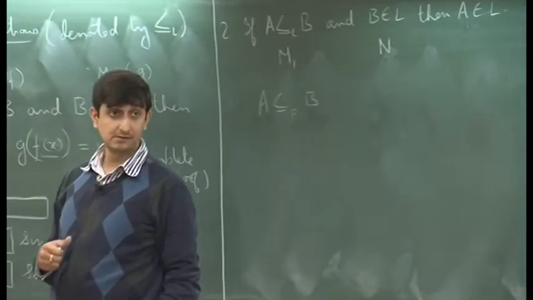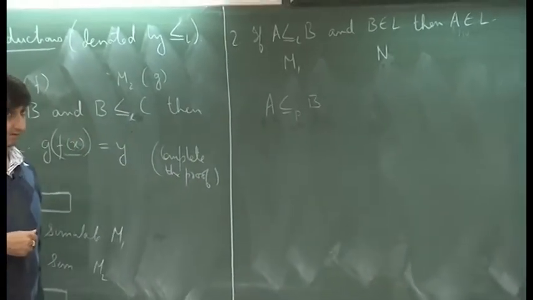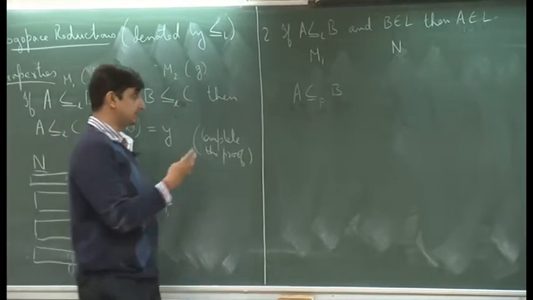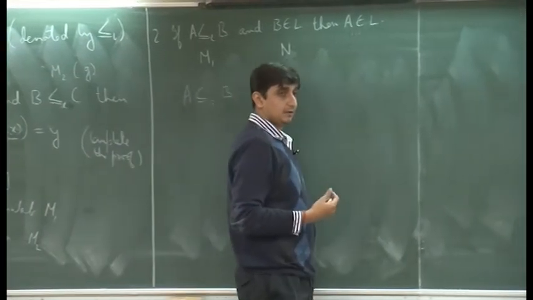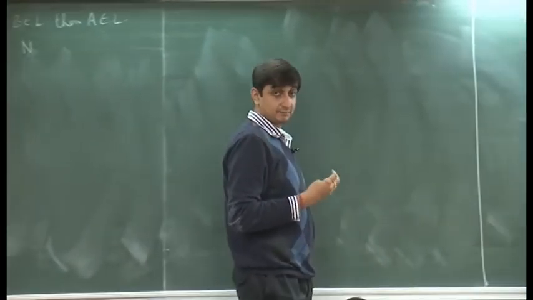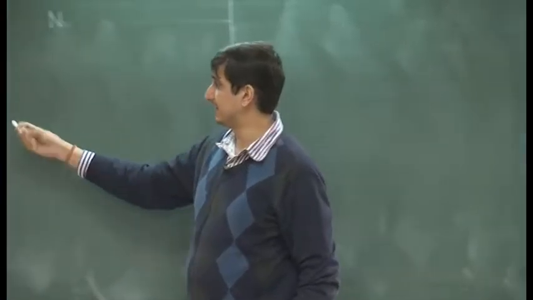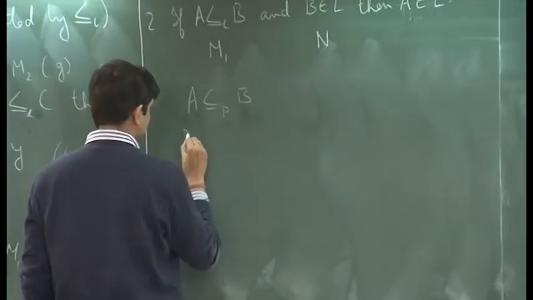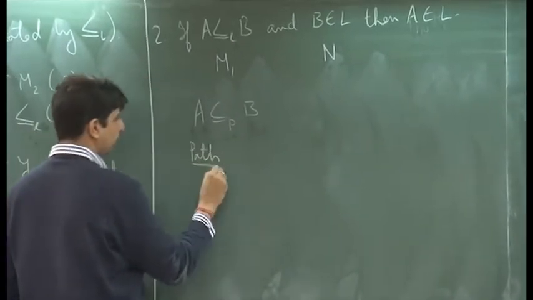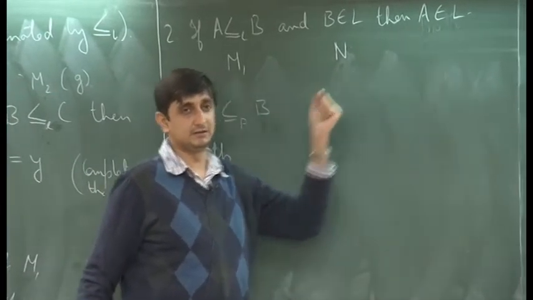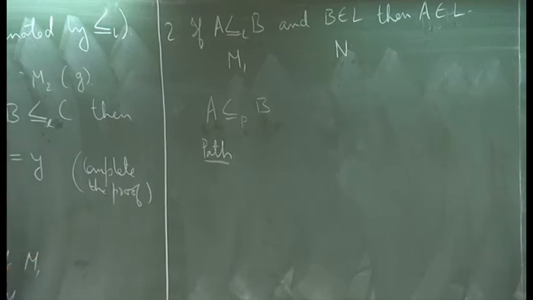So, is that clear? Let me know if it is not clear, and I can say this again. What we are assuming here is that A is the problem path. We do not know if A belongs to L, in fact, that is an open problem.